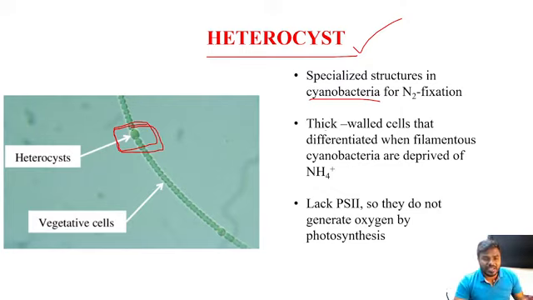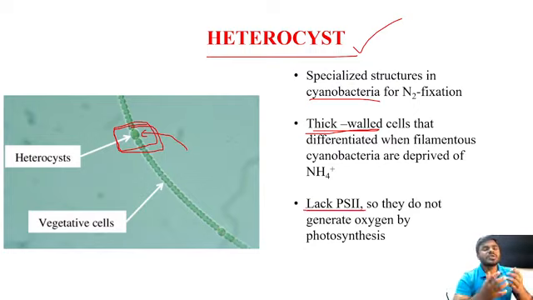All of you remember, friends, heterocyst is a very thick walled structure. So what happens if it is a thick walled structure? Oxygen cannot diffuse. That is our goal. We don't want oxygen. So because of a thick walled structure, oxygen never diffuses. That is one advantage. What is the second advantage, my friends? The heterocyst lacks PS2.